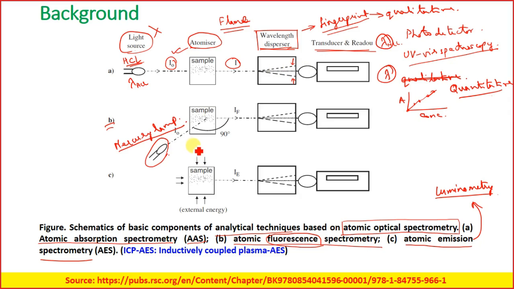In atomic fluorescence spectrometry, you are exciting the sample at 90 degrees. As we have seen in fluorescence, we use a monochromatic wave for the excitation, so here also we get a monochromatic signal, the samples are excited, and you do the analysis just like in fluorescence spectroscopy.